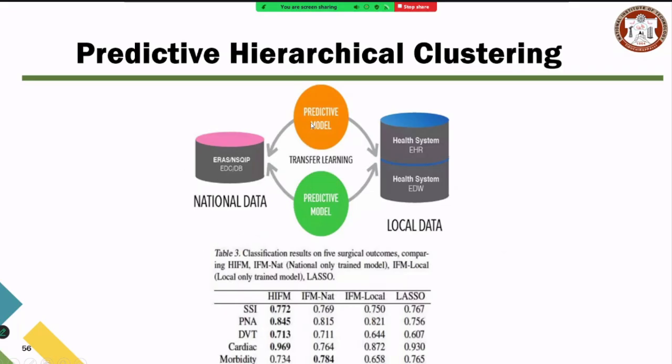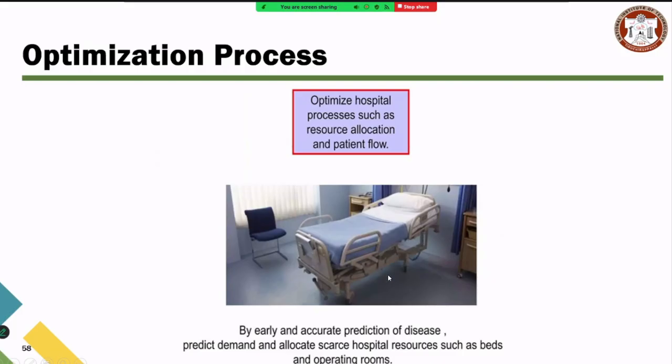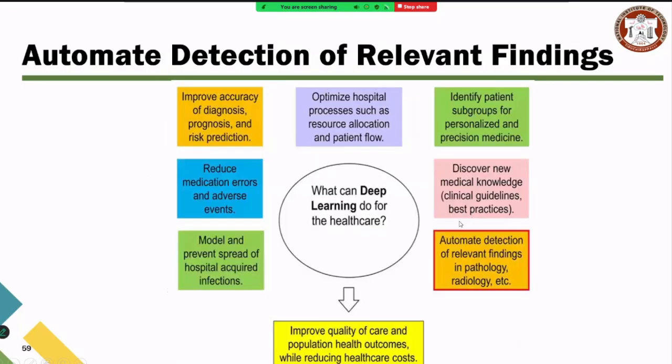Next one, optimize the hospital process, such as resource allocation and patient flow, everything. So for this, what is the number of beds available and what kind of disease it is going to be, prediction of the future, how that disease is going to affect, even the variations formed in corona, that is in the virus, and wave 1, wave 2, we faced a lot of issues, right? So next, see this, how it automates detection of relevant findings and everything.